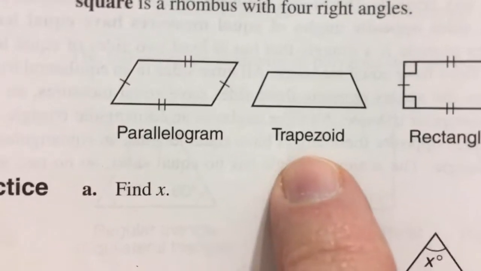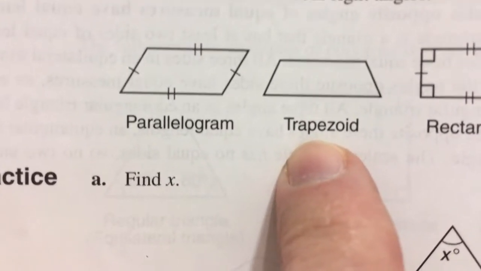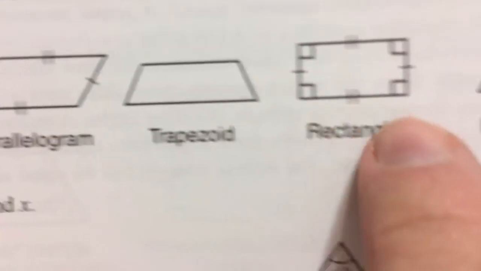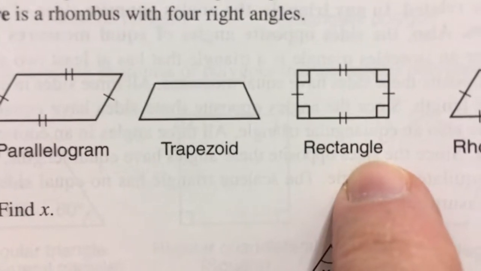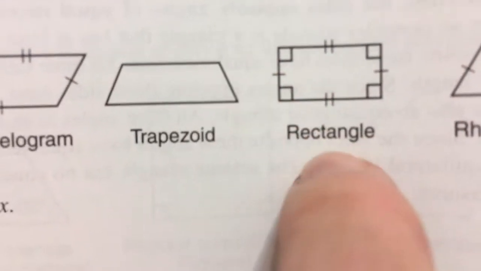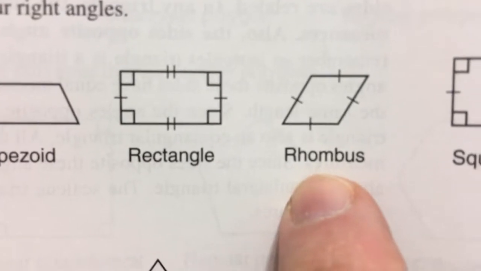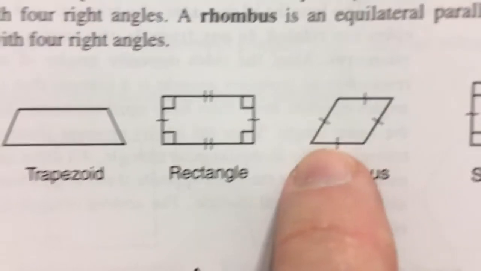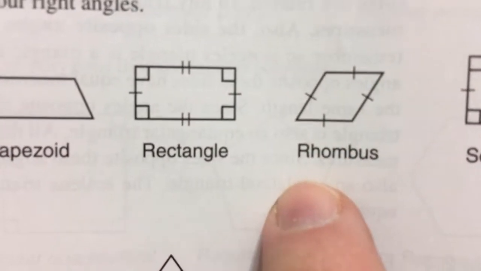A trapezoid is a quadrilateral that has exactly two parallel sides. The other two are not parallel. A rectangle we're very familiar with. It has four right angles and the opposite sides are equal on a rectangle. And a rhombus has all the sides the same, but the angles are not equal. So we have two opposite parallel on the rhombus as well.